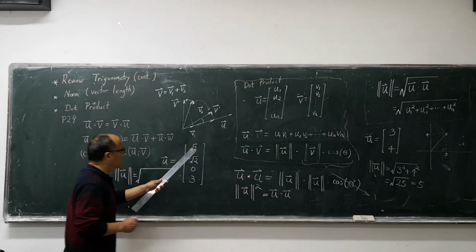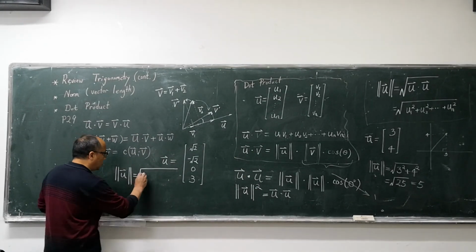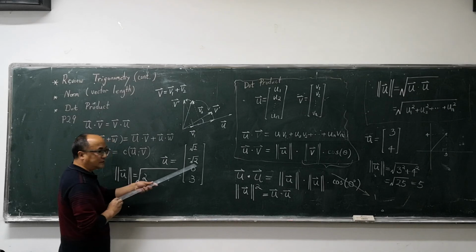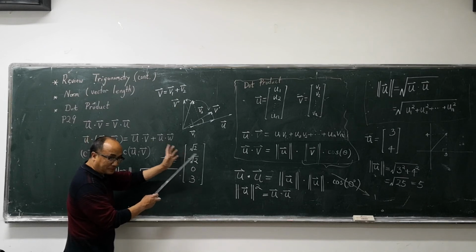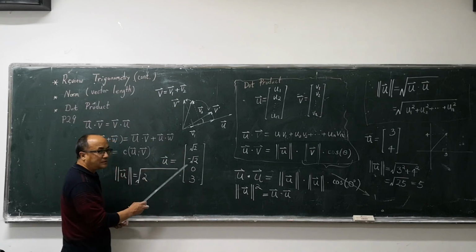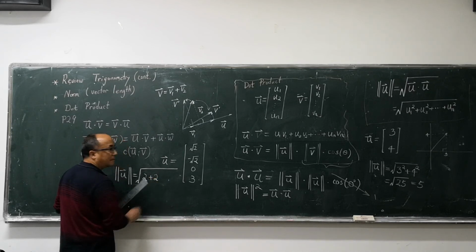This square is 2. This square is also 2. Minus and minus cancel and become positive.